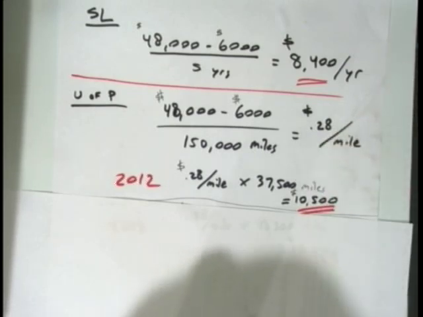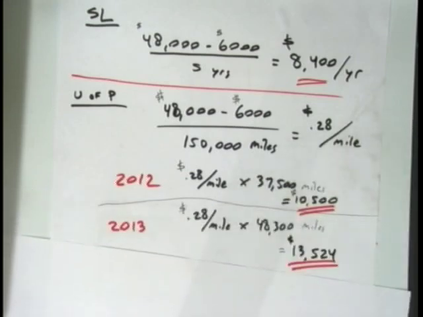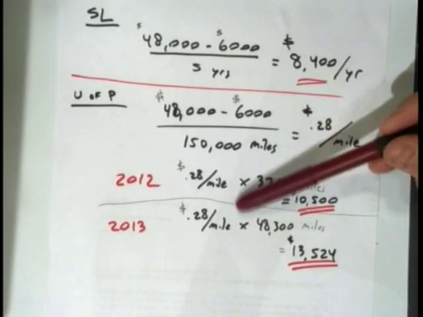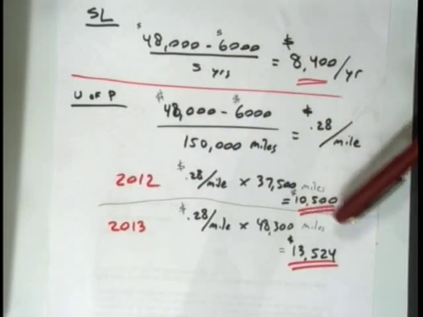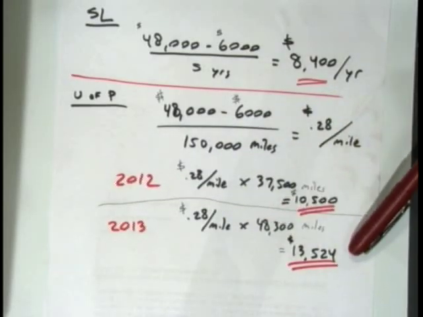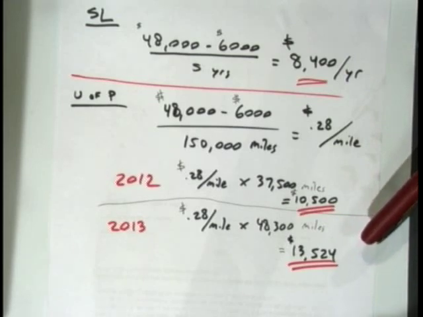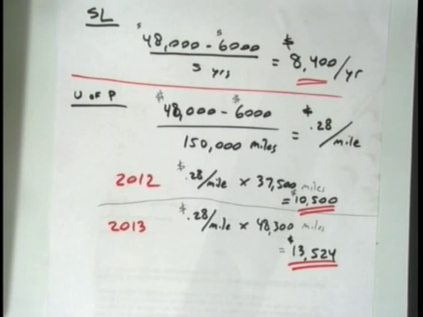In year 2, we take that 28 cents per mile times the number of miles that we drove, which was 48,300, and we'll depreciate 13,524. Correct? What if we drove it 0 miles? We would take 0 depreciation, wouldn't we? So any questions on straight line or units of production?